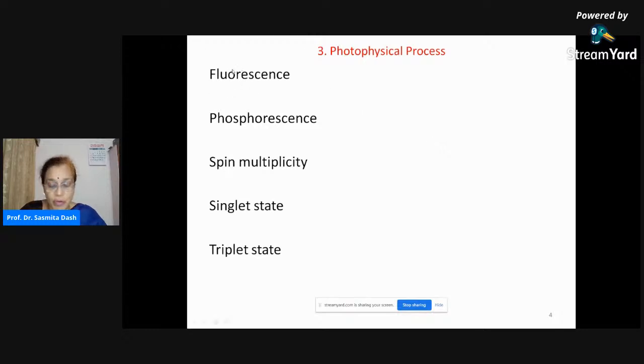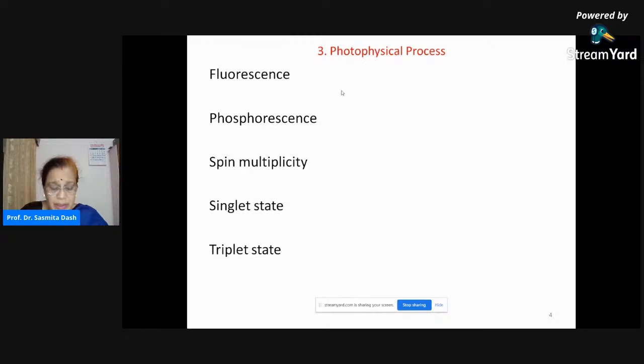First, we come to fluorescence. The emission of fluorescence is when the light which is absorbed is re-emitted instantaneously and in one or more steps. And the emission of fluorescence ceases with the removal of the source light.